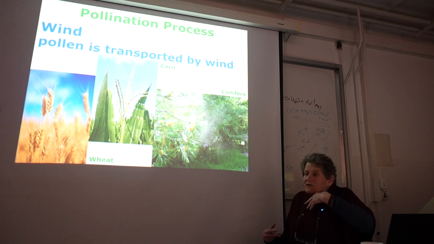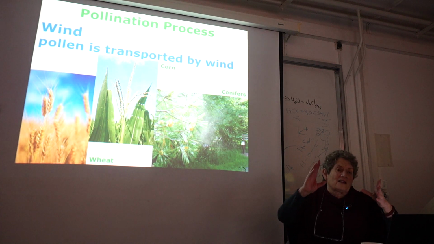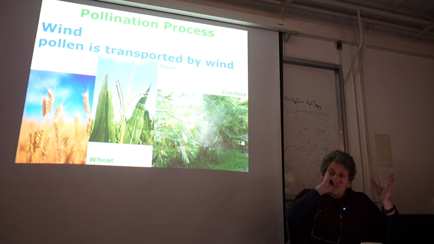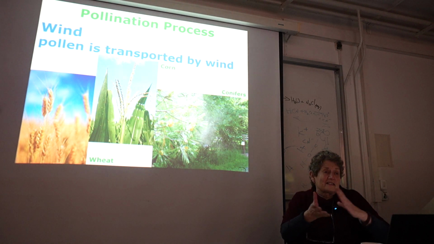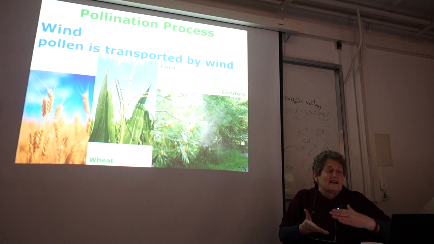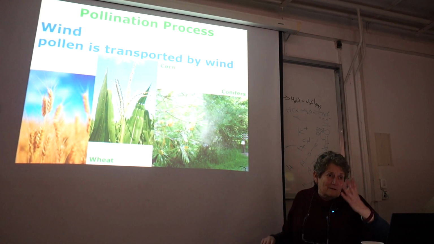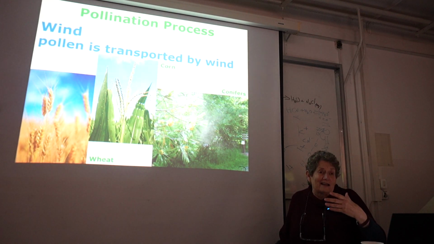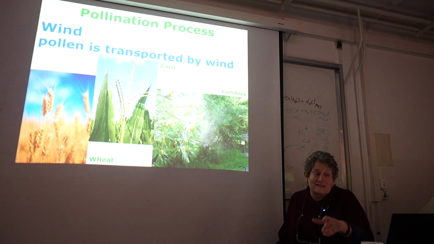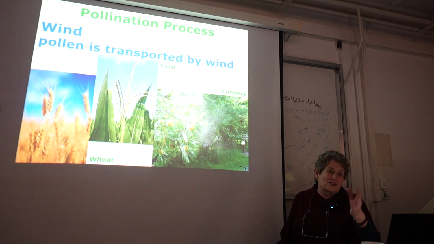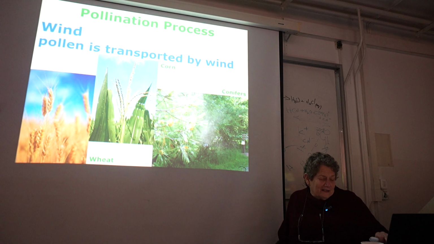In other words, they produce very large amounts of pollen because the pollination process is completely random. It's not like a bee that goes from one plant to another, where a certain percentage of success is pretty much ensured. In this case, the wind takes the pollen, and wherever it lands, it lands. With luck, some of it will land on other plants. Obviously, there is pollination. We know there are new plants being formed all the time.